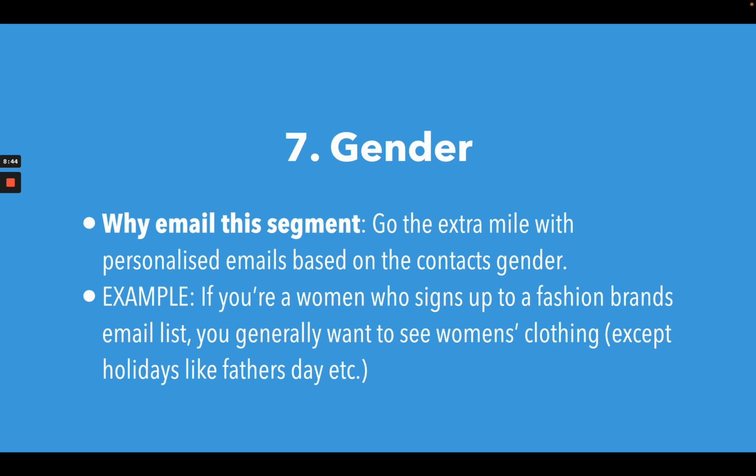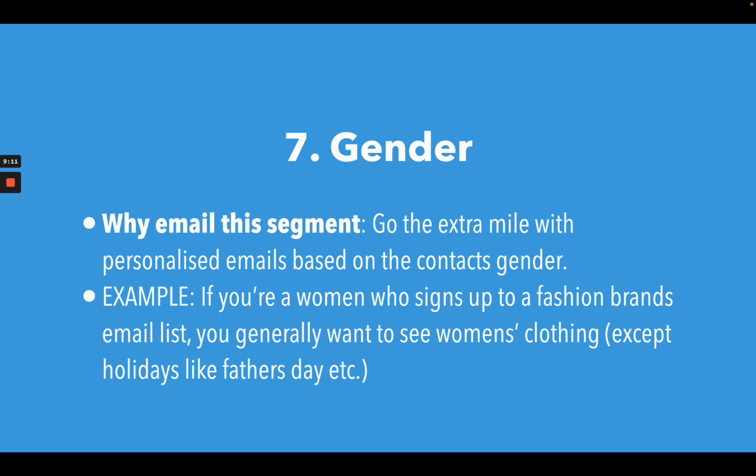Number 7, gender. So yeah, you can email both. Well, I don't want to get into gender discussions and whatnot, but for the purpose of email, we just do male and female. It's how it's done through Klaviyo, which we mostly use, and it just has 2 options, male or female, and it's just a predictive thing based on their name.